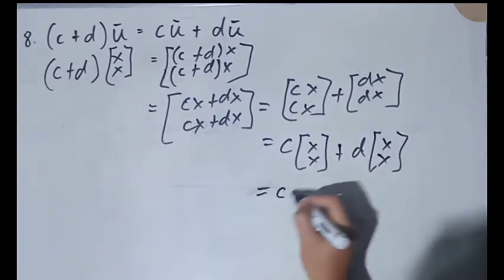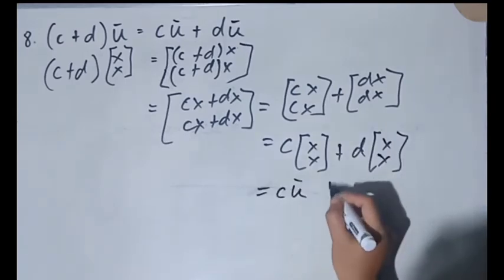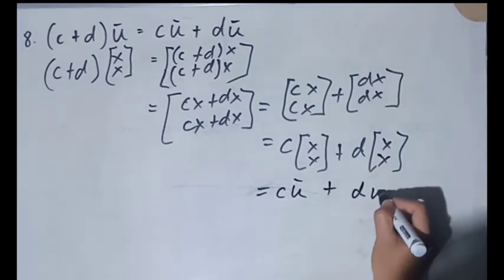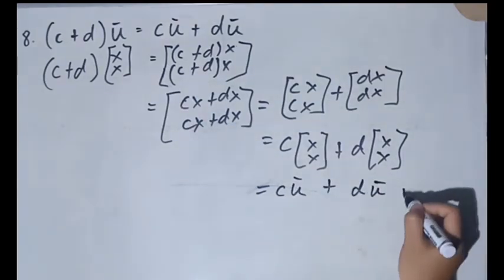That is equal to cU plus dU. And that's property number 8.